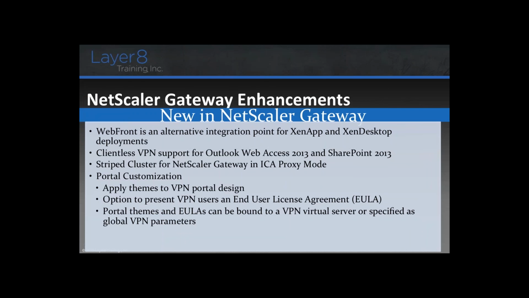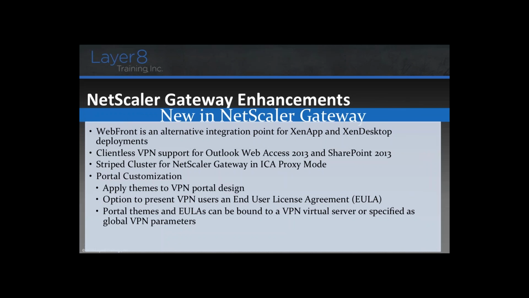Some of our additional gateway enhancements: we have a new web front as an alternative integration point for your XenApp and XenDesktop deployments. As I said previously, we do have clientless VPN support for Outlook Web Access 2013 and SharePoint 2013. We have our striped cluster capacity for NetScaler Gateway in ICA proxy mode.